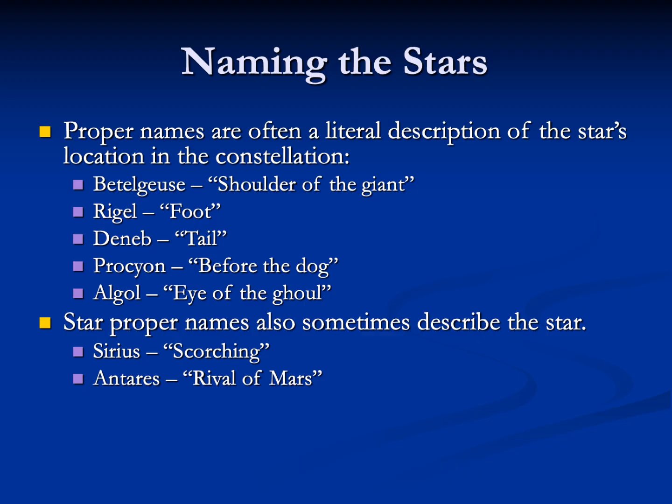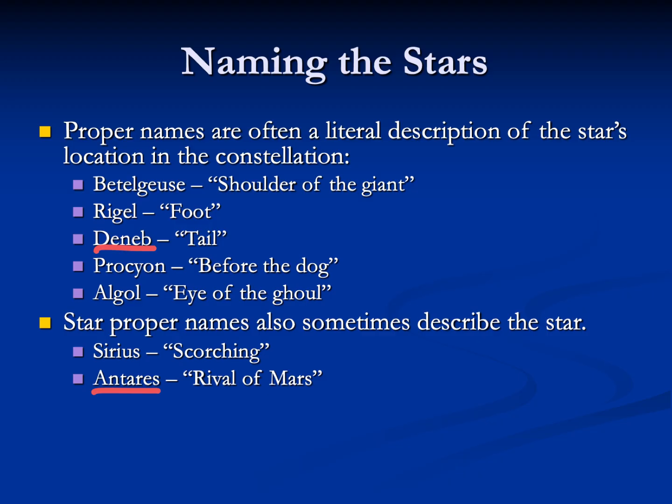Some stars have names that describe the star itself or where they are in a particular constellation. For example, Deneb is the star in the tail of Cygnus the Swan. Antares is a bright red-orange star that looks a lot like the planet Mars. Antares literally means rival of or anti-Mars.